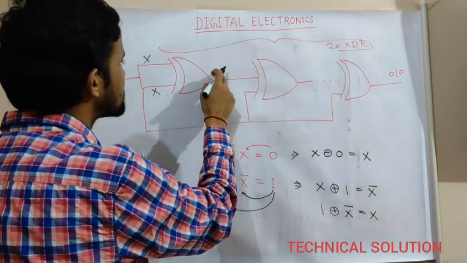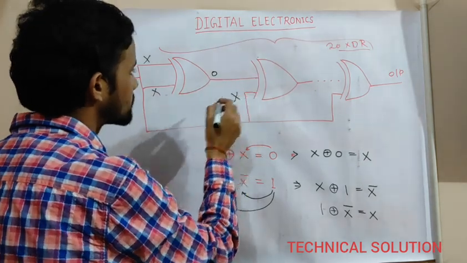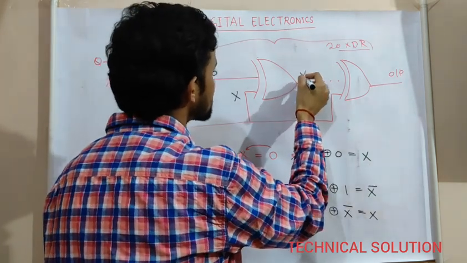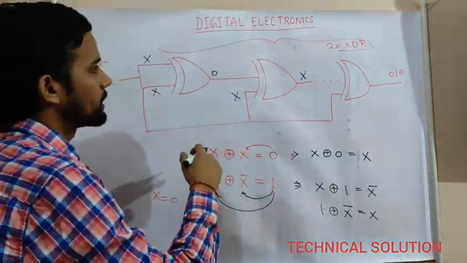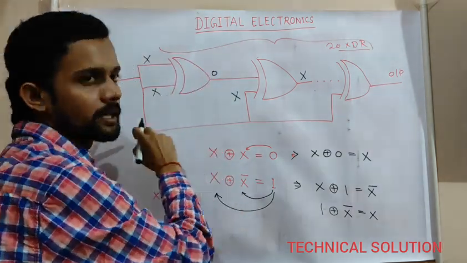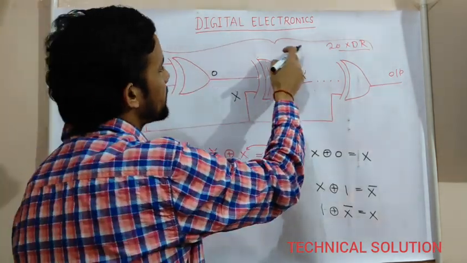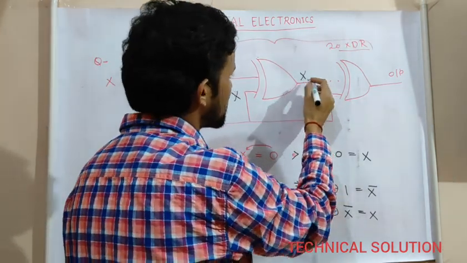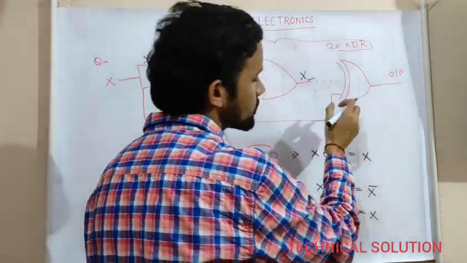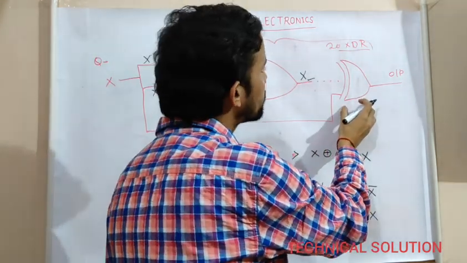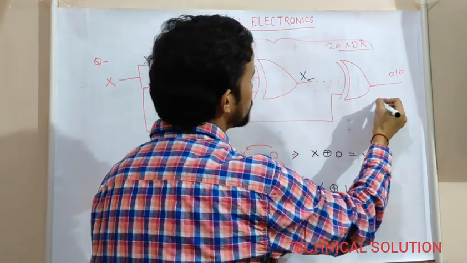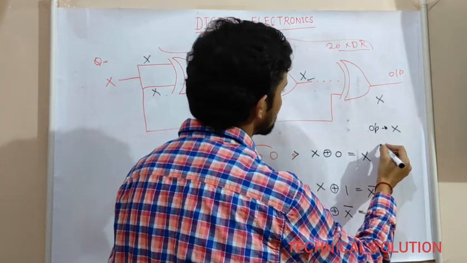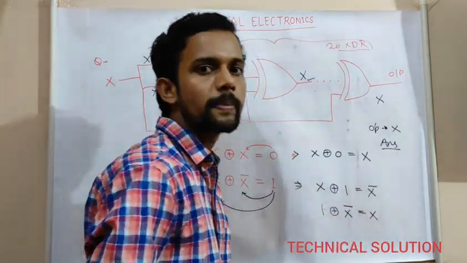Again this 0 and this X, this 0 XOR X also gives the output X. That means after an odd number of inverters, we get the output as X bar, and after an even number of inverters, that is 1 and 2, this is even, we get the output as X. Then 20 XORs is also an even number of XORs, so we get the output as X. So the output for this circuit is X.